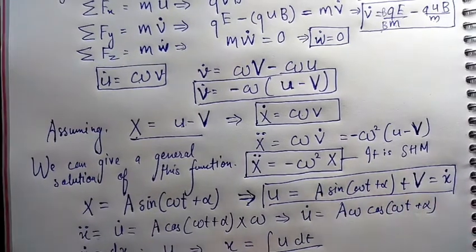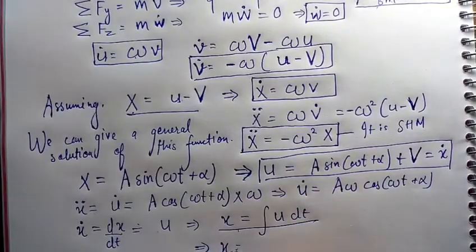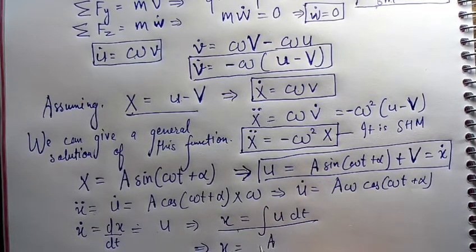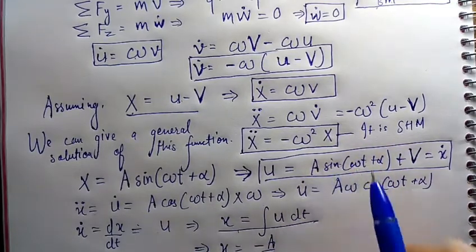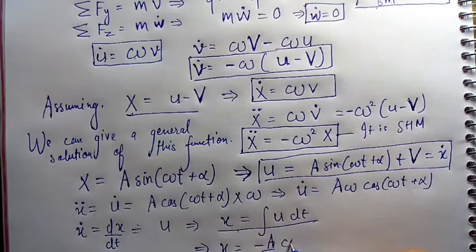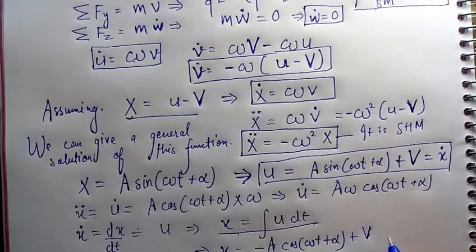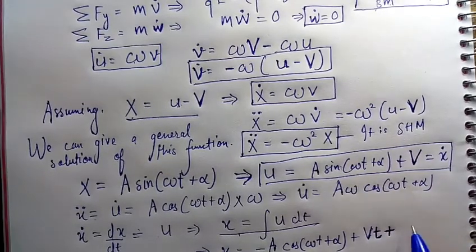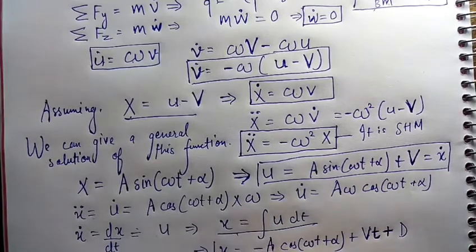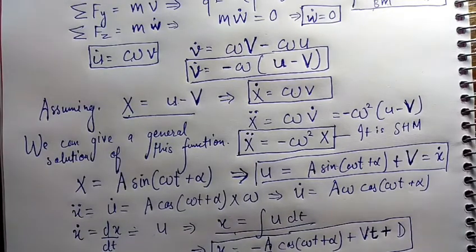So we get minus a by omega cos of omega t plus alpha, plus V times t, and we must add some arbitrary constant also. We have got the x function.